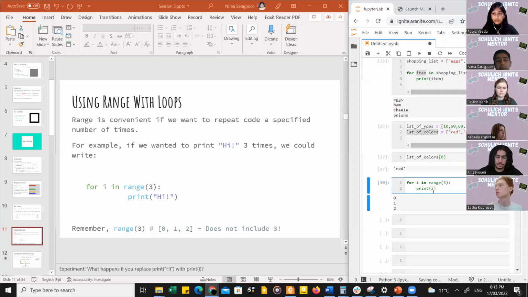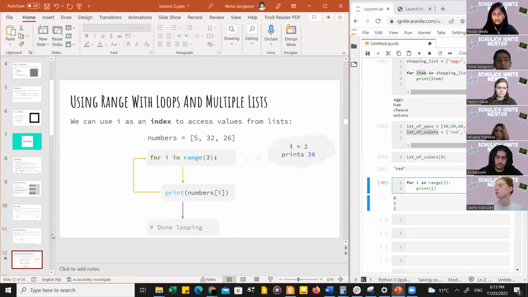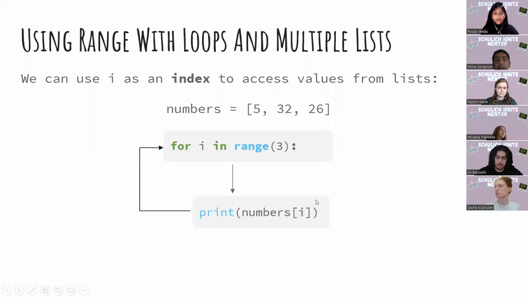Okay, so let's see what else we can talk about. So I'm going to make it a slide, but there's something cool here. Let's say we have a list of numbers, 5, 32, 26, right? And you want to use a for loop to go through them. Again, one simple approach to print the numbers was using the item, going through the items of that list one by one.